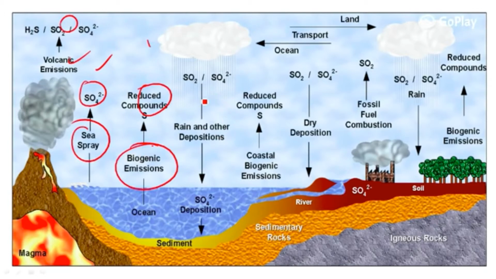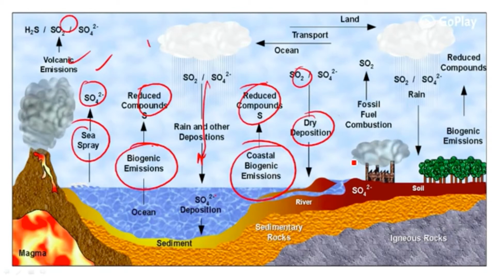Again, the sulfur dioxide present in the atmosphere is returned back to the earth by way of rain and other deposition. Acid rain is one of them, and it again reaches the oceans. The coastal biogenic emissions also contribute reduced sulfur compounds into the atmosphere, and sulfur dioxide also comes back to the soil surface in the form of dry deposition.